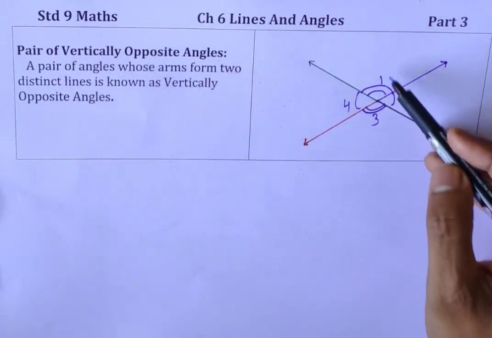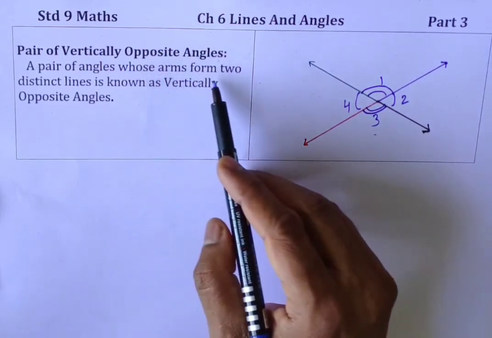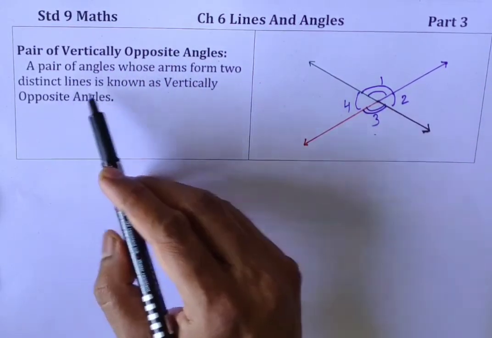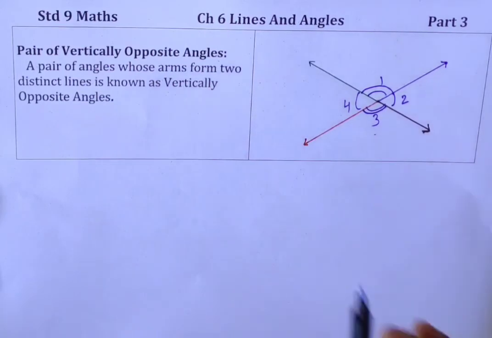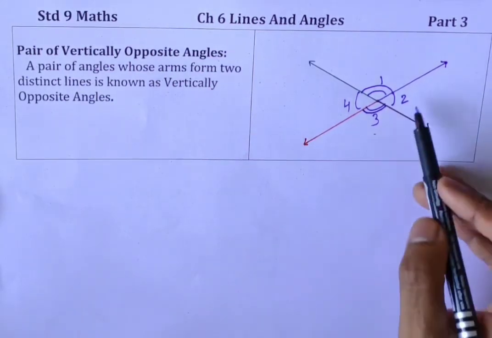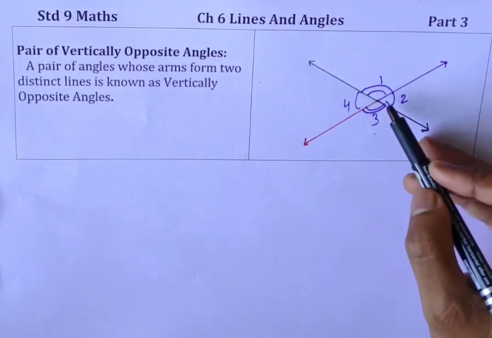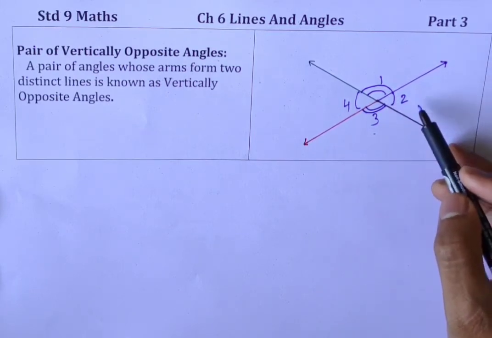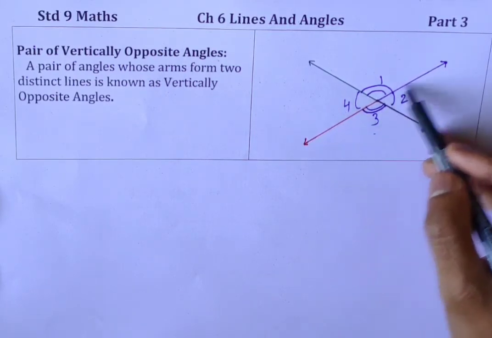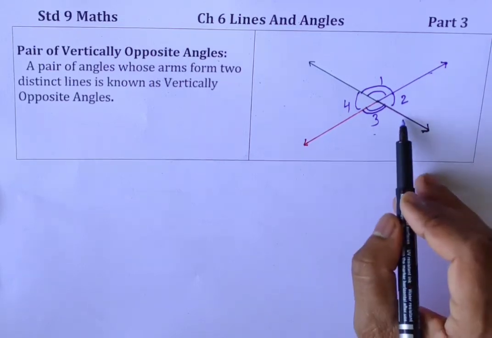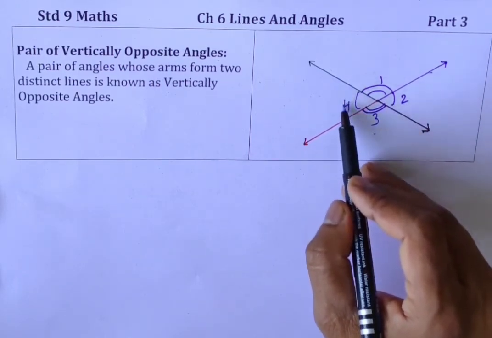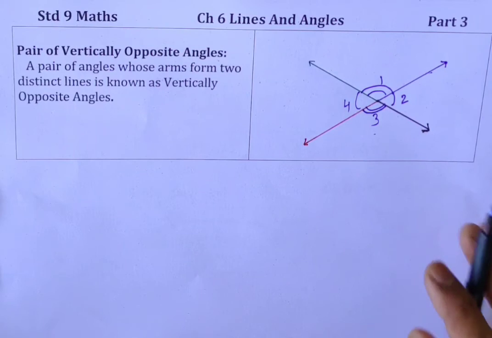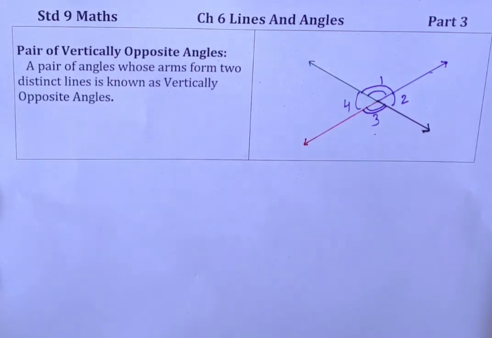A pair of angles, you can say 1 and 3, whose arms form two distinct lines is known as vertically opposite angles. Same way you can talk about 4 and 2. The blue arm of second and red arm of fourth, they form a line. The black arm of second and green arm of fourth angle form a line. Clear to you? Okay.